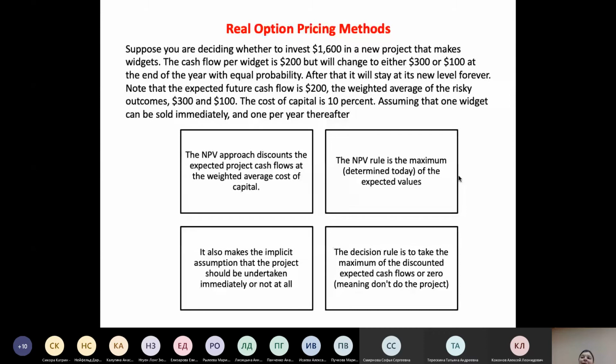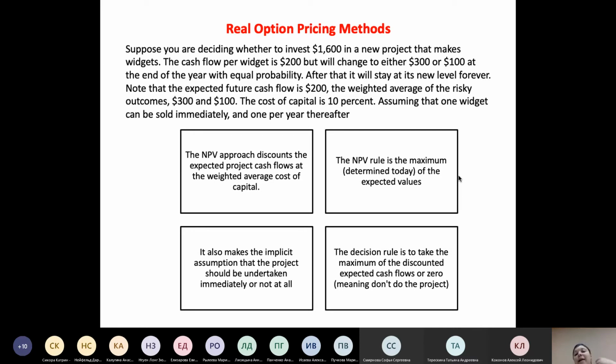Let's analyze, let's explain the conditions. If we start the project now and if we invest 1,600 now, we'll earn $200.